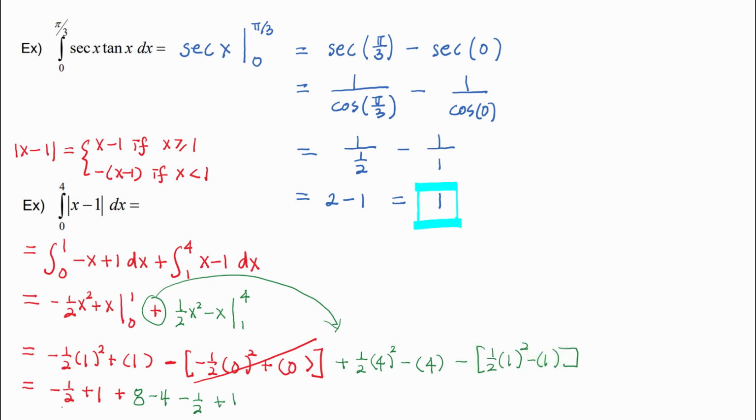So then negative half minus half is negative 1, plus 1 is 0. 8 subtract 4 is 4. 4 plus 1 is 5. So the answer is 5.